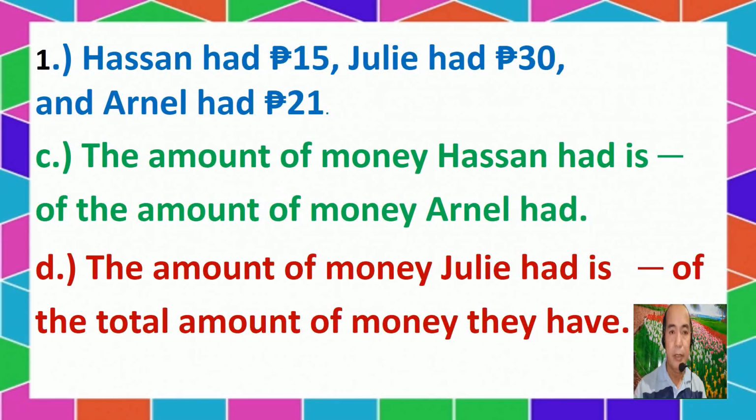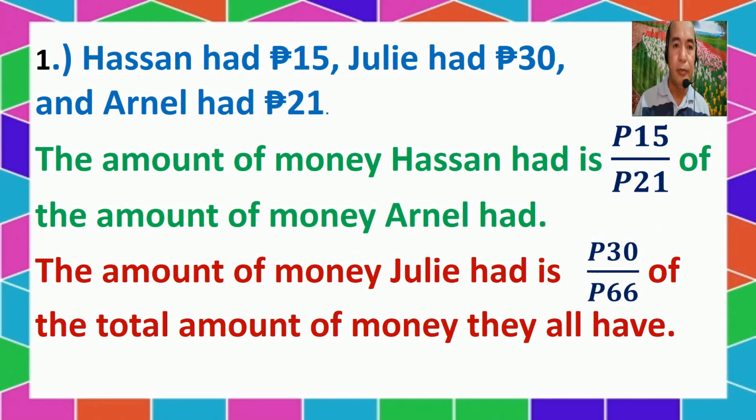Okay, question letter C. The amount of money Hassan had is what fraction of the amount of money Arnel had? Meaning we will present it in a fractional form. Letter D. The amount of money Julie had is what part of the total amount they have. So again, letter D, we will have to present their corresponding amounts in a fractional form. Okay, the amount of money Hassan had is 15 and the amount of money Arnel had is 21.